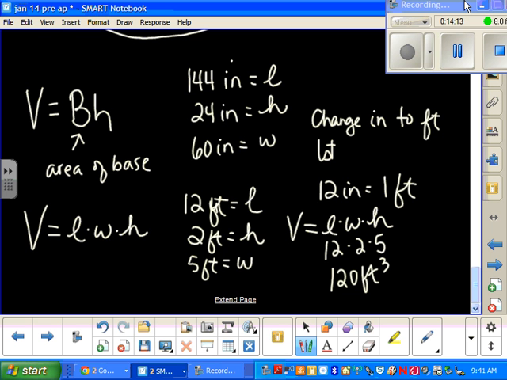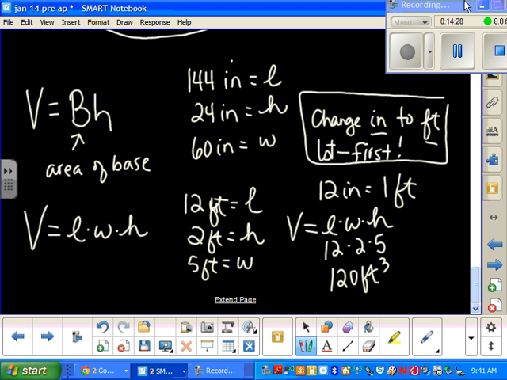So don't forget that if your answer choices are in feet and what you're given in your problem is inches, change everything to feet first before you multiply or do anything. So make sure you read your problems carefully. Like I said, we've had a problem like this before on one of our other tests. Just know it keeps coming back to haunt you over and over and over again.